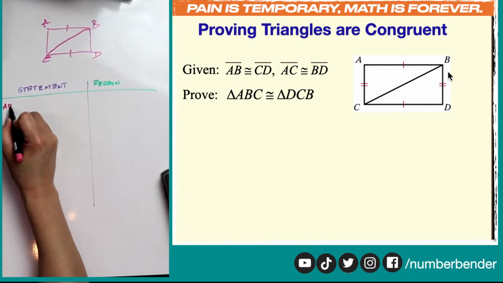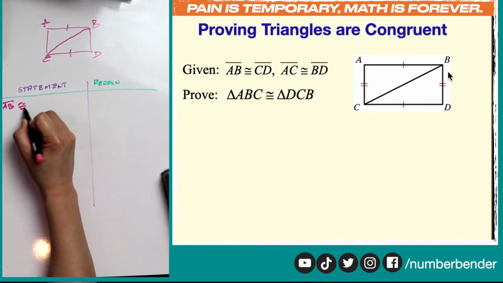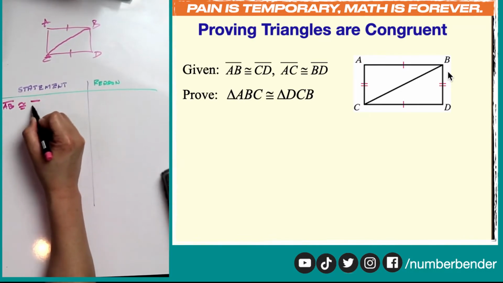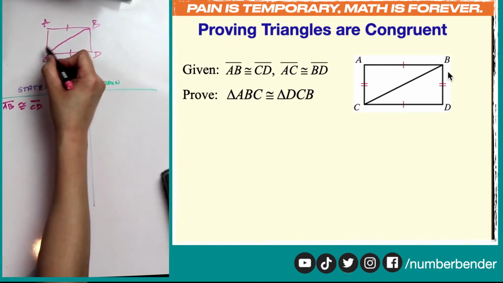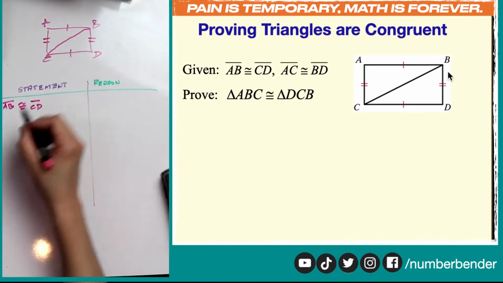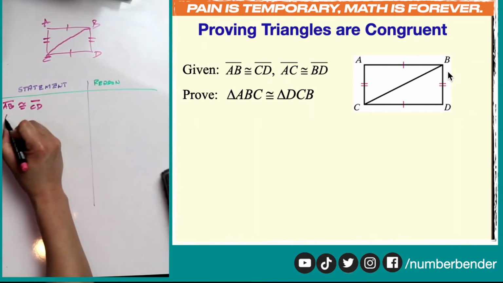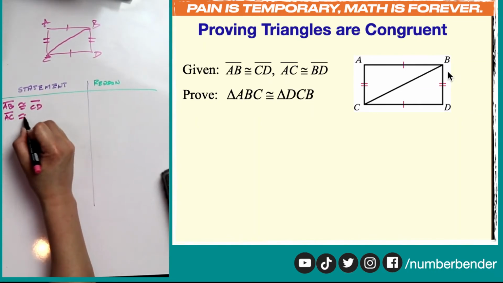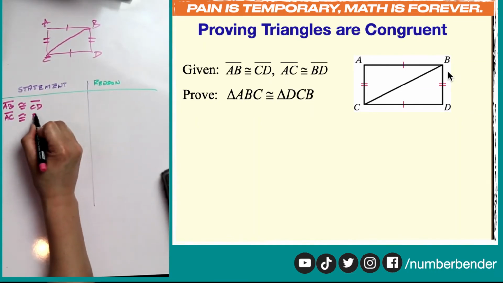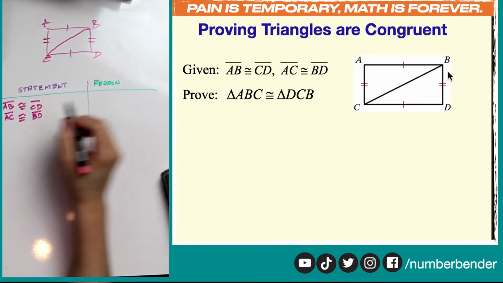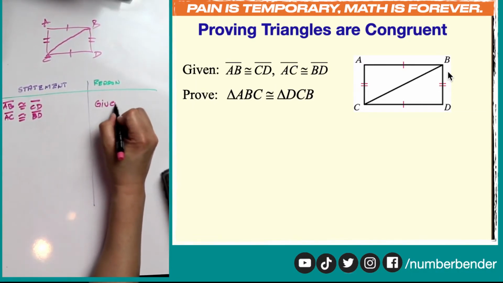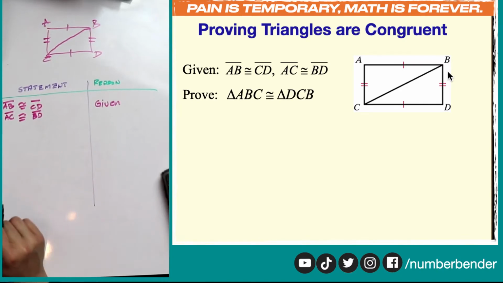So line segment AB is congruent to line segment CD. And another information that we have is that AC is congruent to BD. So we can write AC is congruent to BD. And we know that because these are the given information.